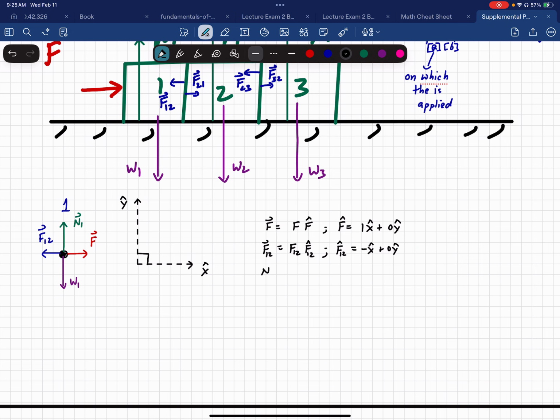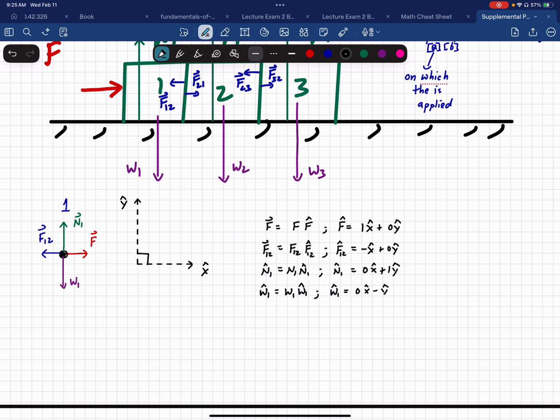And then finally you have the normal force, which is given like this: 0 X hat plus 1 Y hat, and then the weight, which is zero X hat negative Y hat.